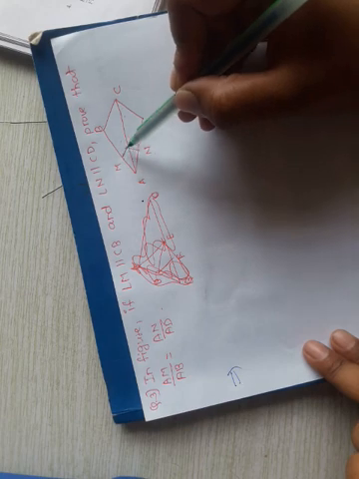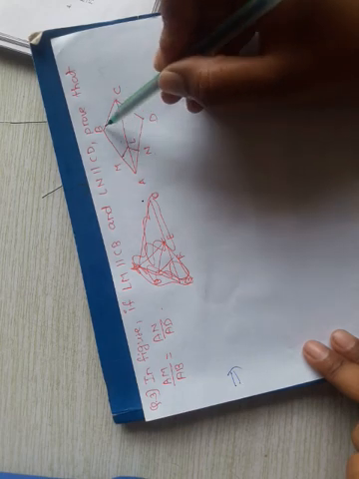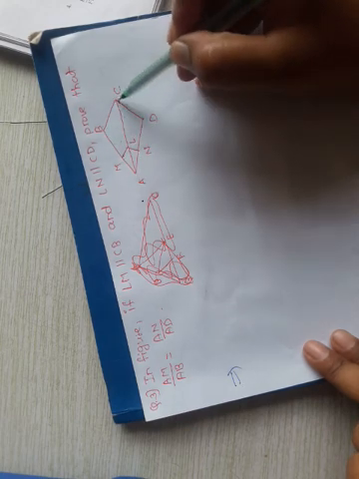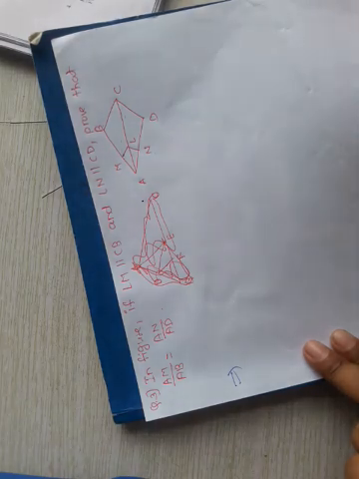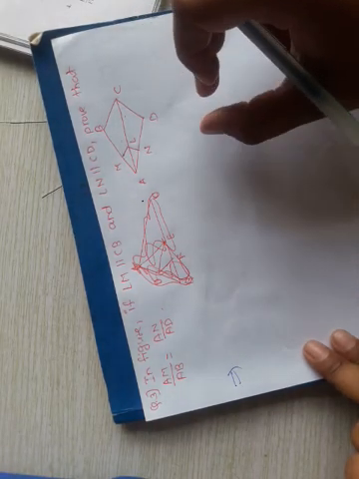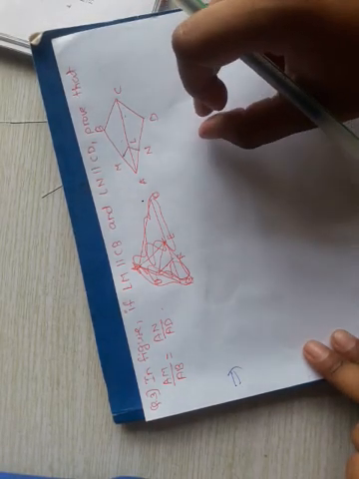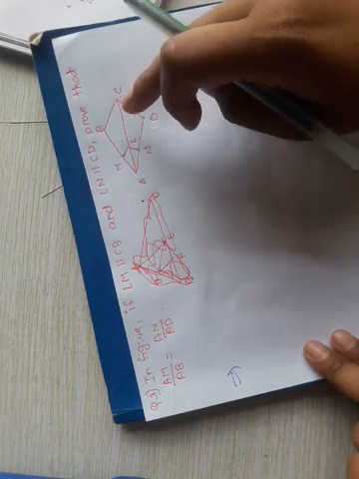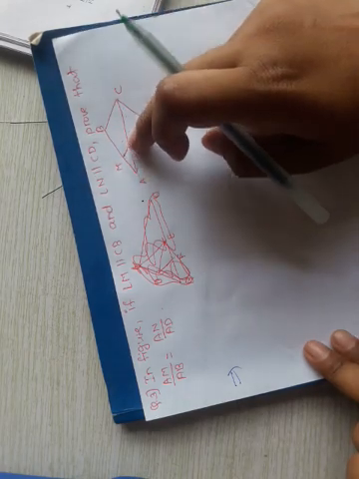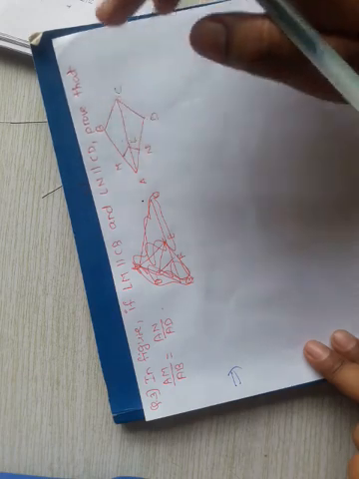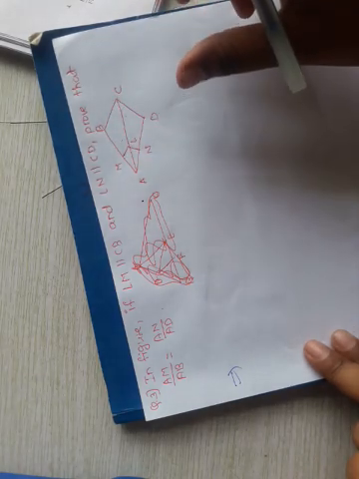If LM is parallel to CB, then we have to consider triangle ABC. By the basic proportionality theorem, if a line drawn is parallel to the third side of a triangle, then we can use the basic proportionality theorem there.